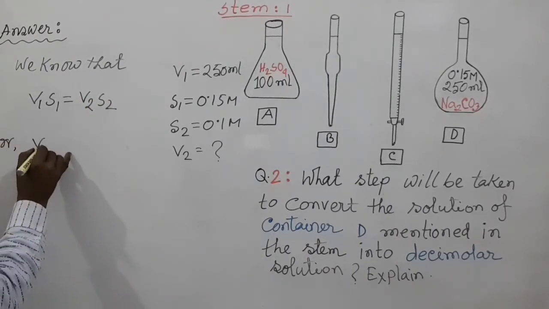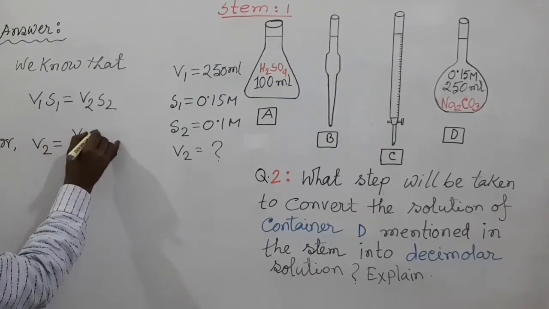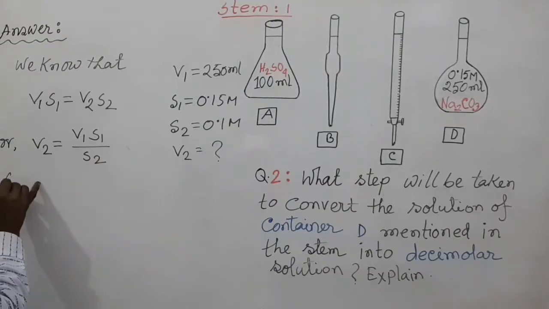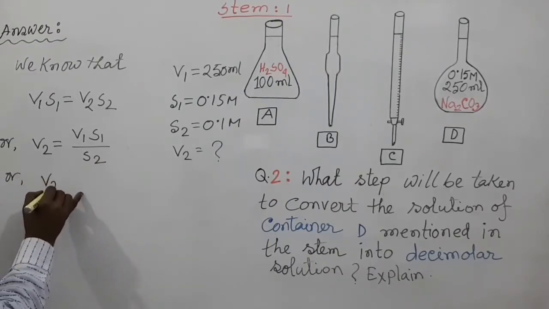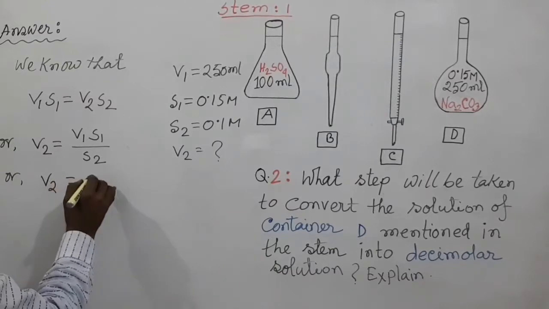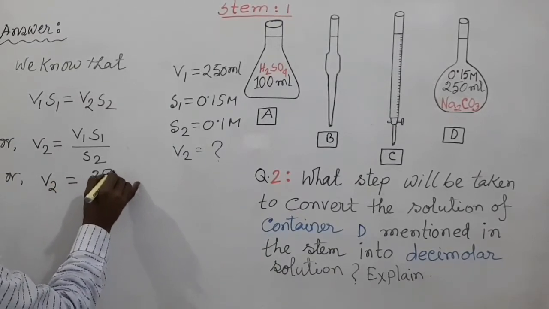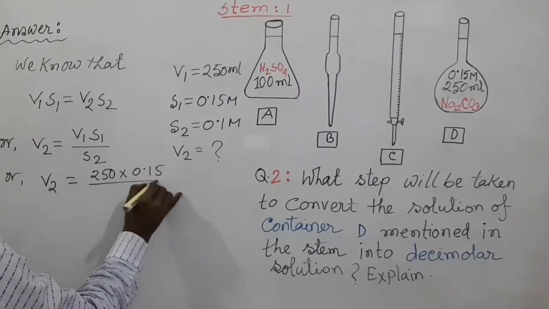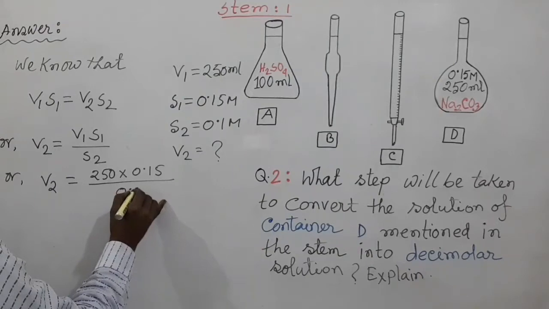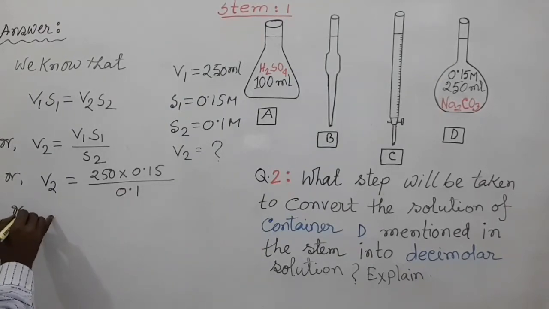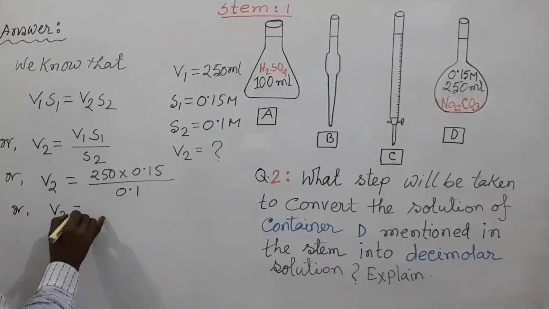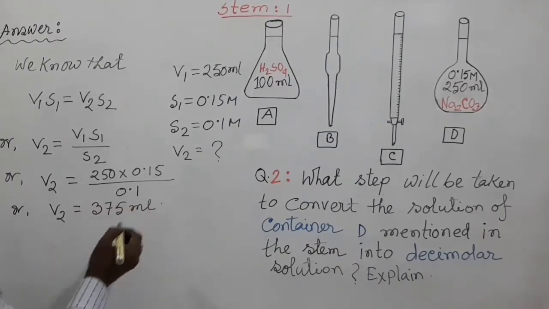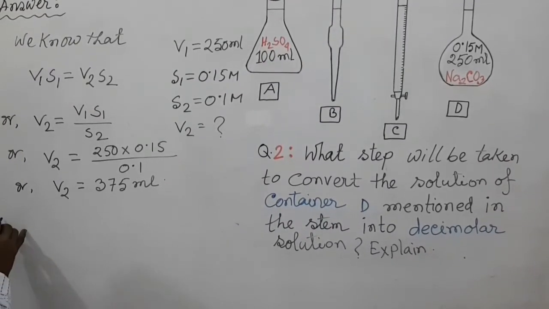So, V2 equal to V1 S1 divided by S2, and V2 equal to V1 250 into S1 0.15 divided by 0.1, and the volume will be 375 ml.